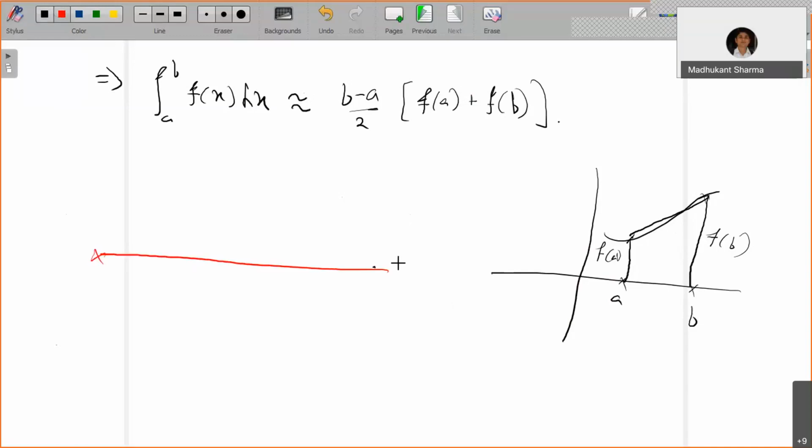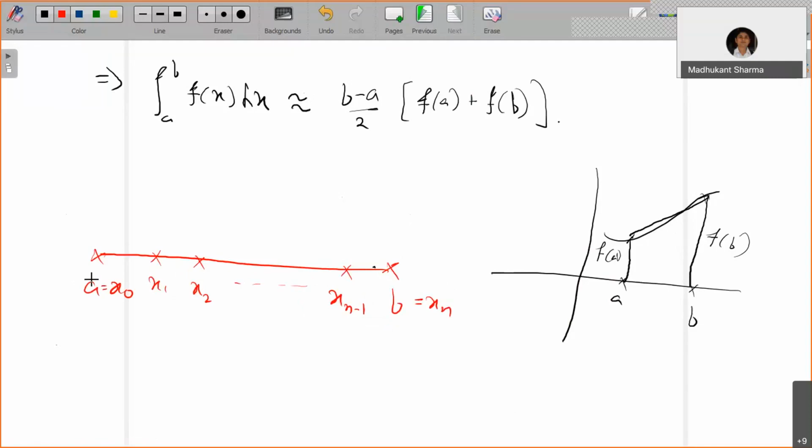a to b. You have the trapezoidal rule on a single interval now. So let's say a equals x naught and b equals xn, and divide this into n subintervals. They may be uniformly spaced, they may not be uniformly spaced. On each interval, you can measure the area of the trapezium.